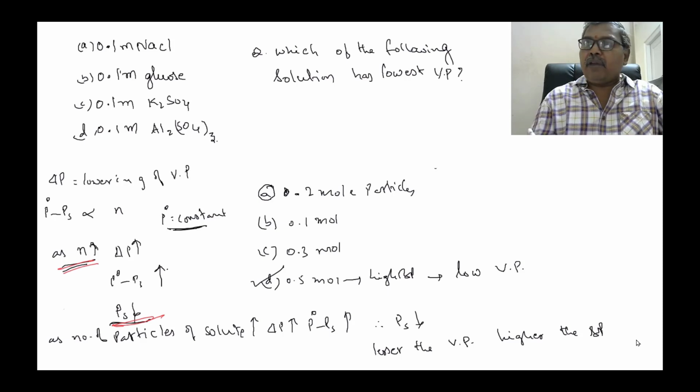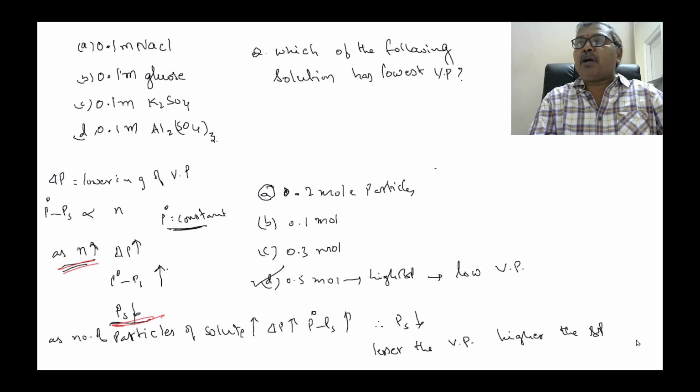Clear? It is very, very important. You have to check whether the solute is undergoing dissociation or association or neither association nor dissociation. You note down separately how many particles exist in the solution.